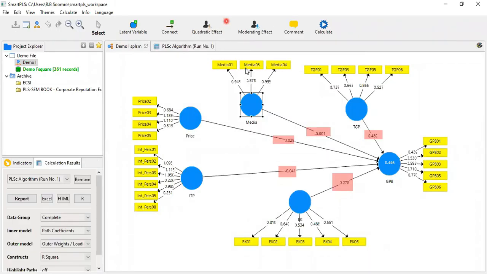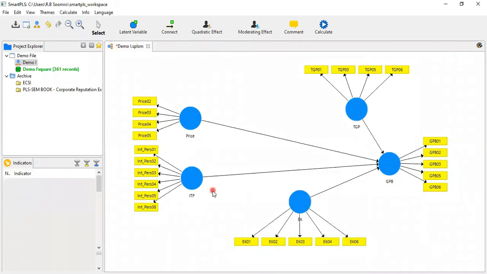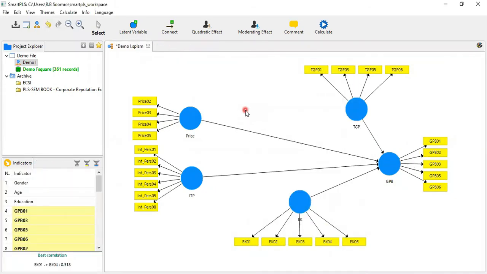And then we just have to get rid of these. Okay, and then we are removing this one. When you delete it, you are required to rerun. So earlier our R square was 0.446. That means 44.6% was there.